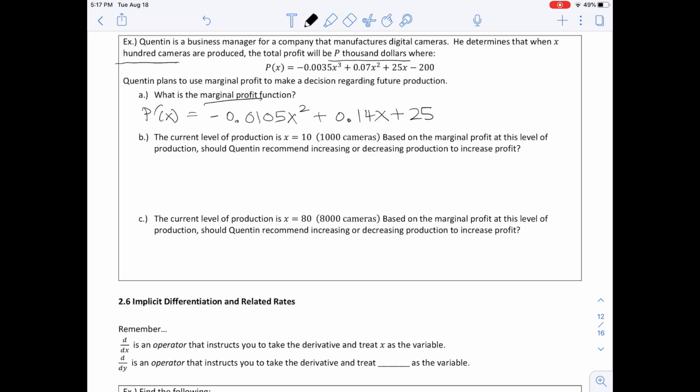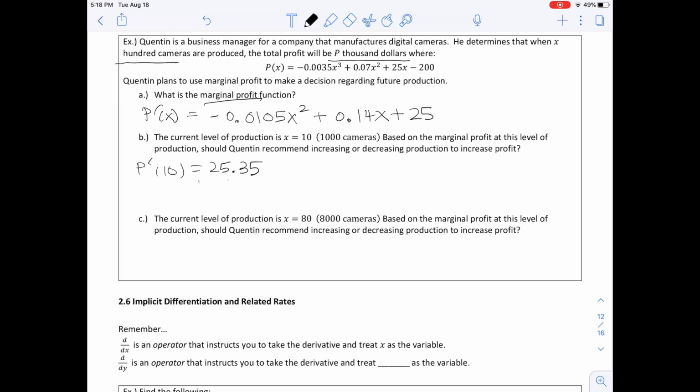Part B says the current level of production is x equals 10, or 1,000 cameras, because that was our units. Based on the marginal profit at this level of production, should Quentin recommend increasing or decreasing production to increase profits? Our marginal profit at 10 is equal to 25.35.